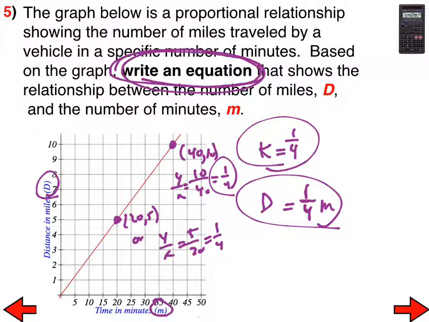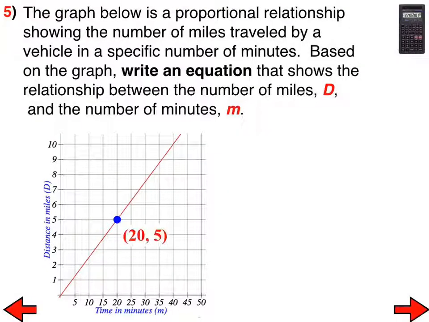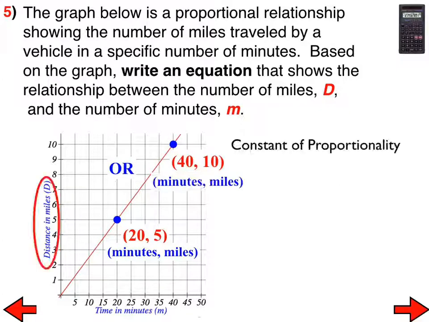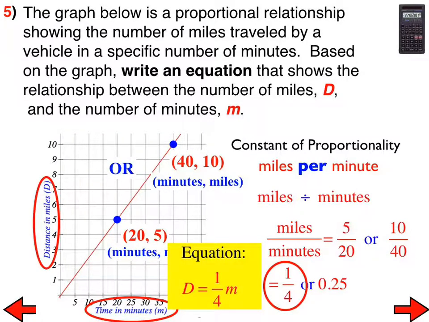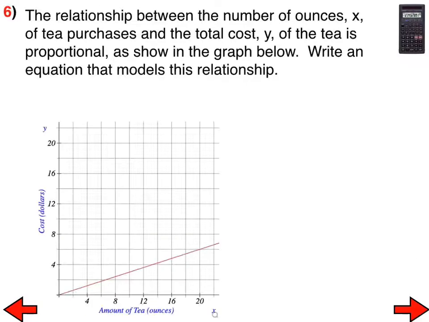All right, one more problem. Go ahead and turn the page and do number 6, and then we are finished for the day. All right, so our perfect ordered pair is right there at 20 comma 6.